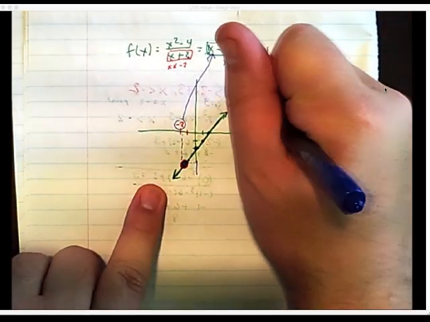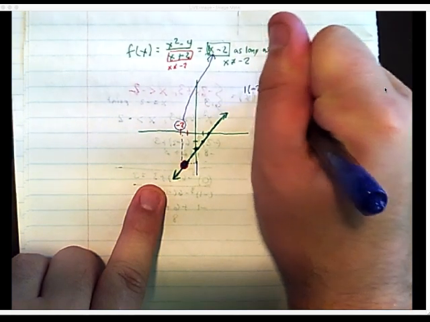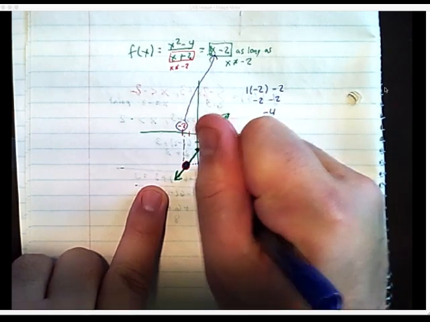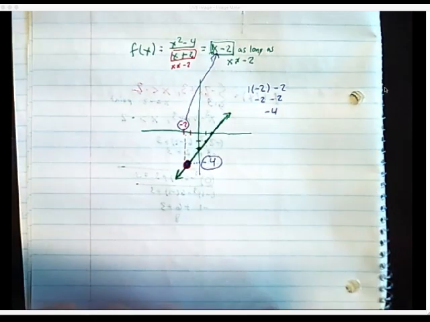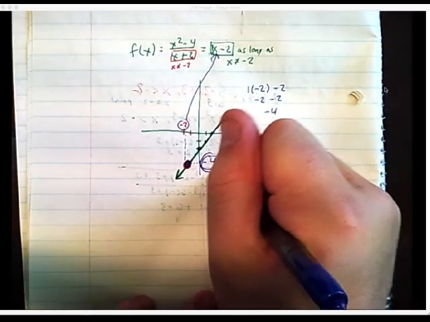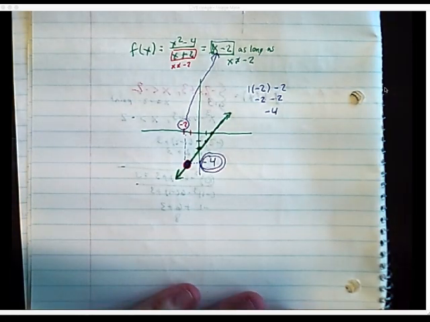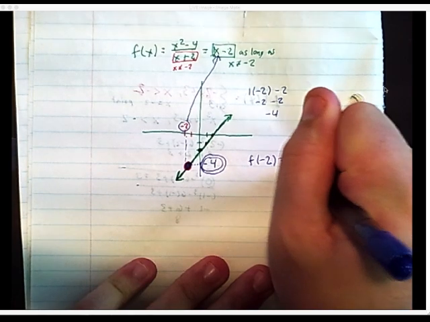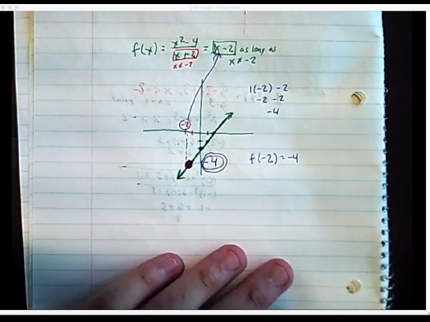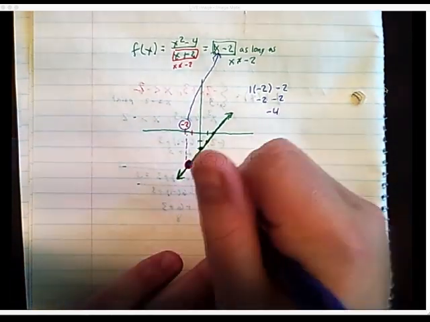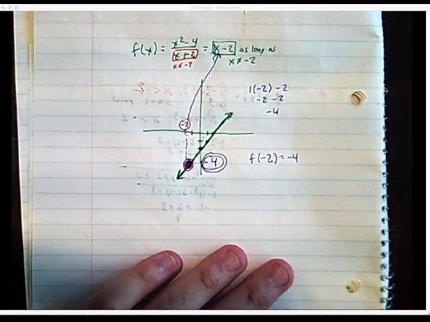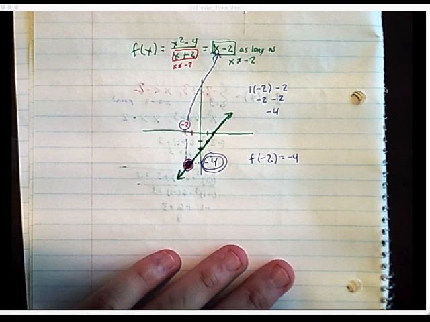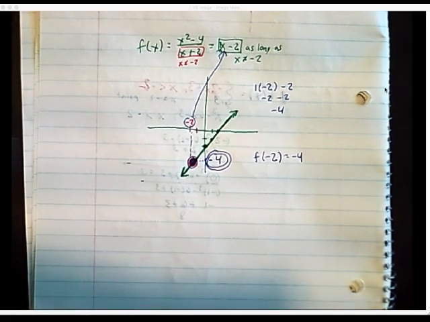So when I plug in -2, 1 times -2 minus 2, that's -2 minus 2, that's -4. So if we could fill that in, the function value would be -4. That's the y value. F of -2 would equal -4. But in reality, in the graph, it's really an open circle, so the function value really doesn't exist. They're just saying, what about if we could fill it? That's what the question's asking about.